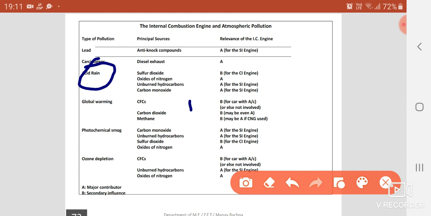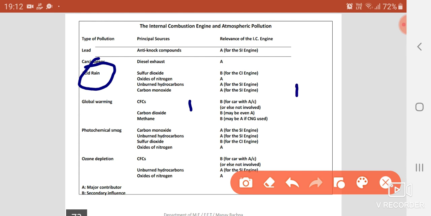You can see all of these are high polluting agents. When the acid rain happens, as a result the whole environment gets acidic, the water gets acidic, the houses get a corroding effect due to acidity, and this has got different connotations.